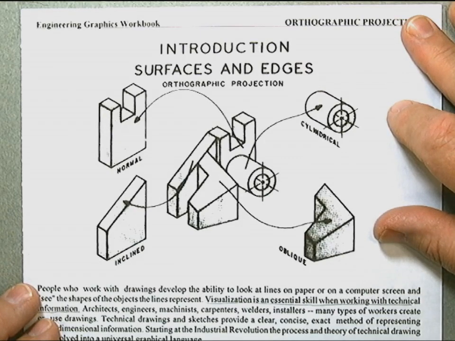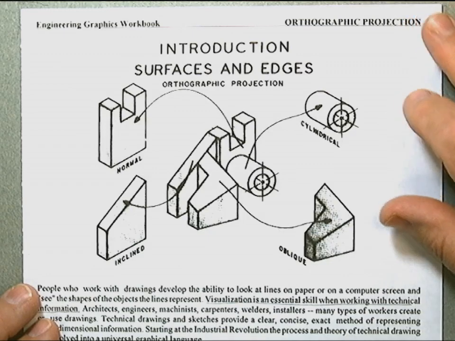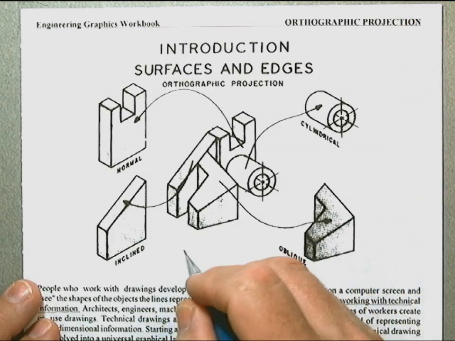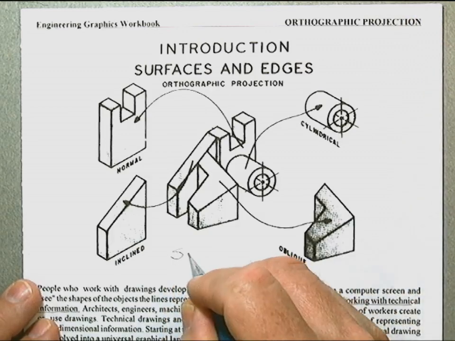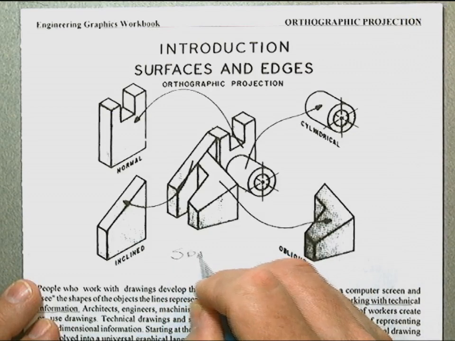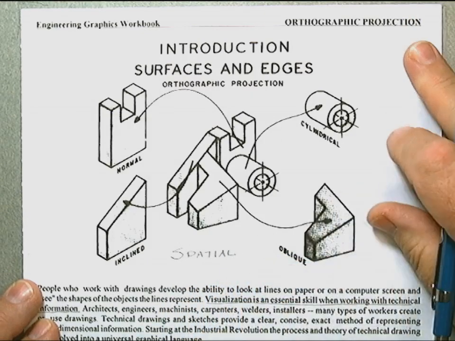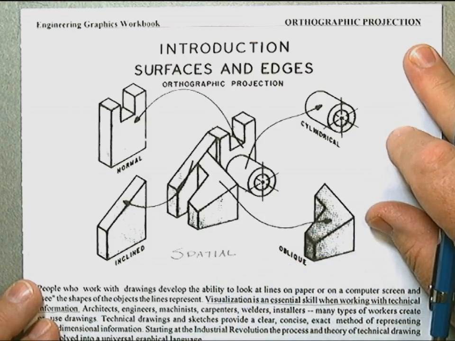So those of us that work with drawings, it's a learned mental process that involves a spatial skill, we call it. And let me write that word on the paper. Spatial, S-P-A-T-I-A-L. It's a spatial skill.